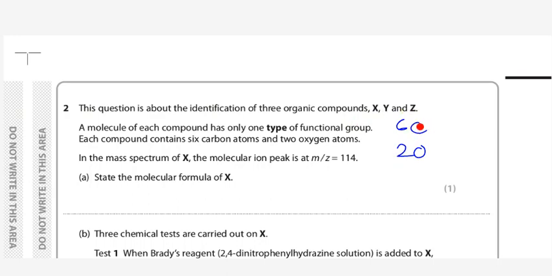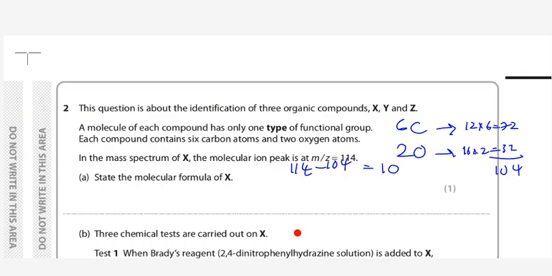So 6 carbons and 2 oxygens. 6 carbons, 12 times 6, 72. 16 times 2, 32. That's 104, right? So 114 minus 104, you get the hydrogen, 10 hydrogens.